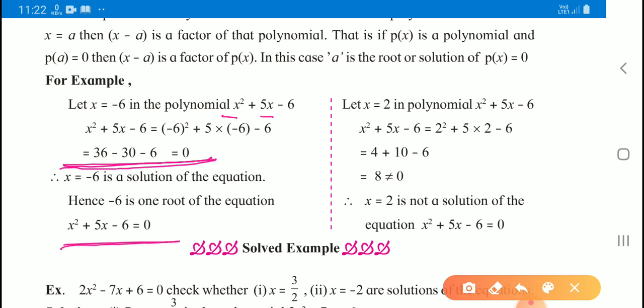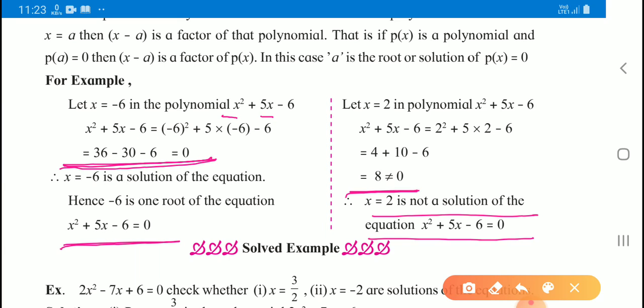Okay. Now, the next example they have given is x equal to 2. If you put x equal to 2, then you will get the answer 8. It is not equal to 0. So x equal to 2 is not a solution of the equation x square plus 5x minus 6 equal to 0. Do you understand this?